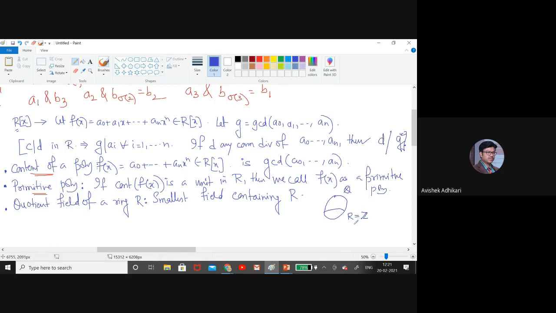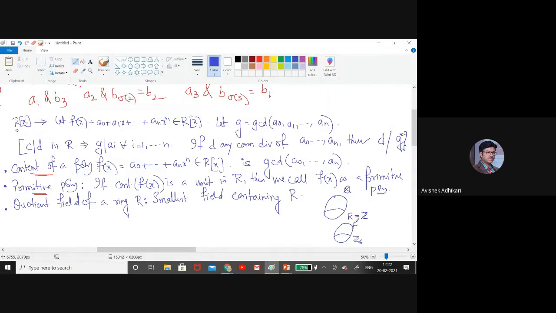But if you start with a ring with zero divisors, for example Z6, will you be able to find any field which contains Z6?